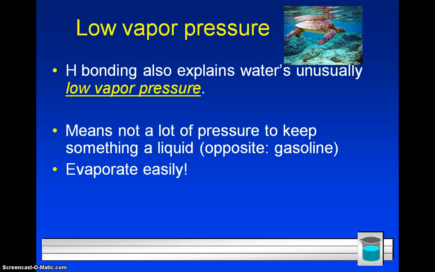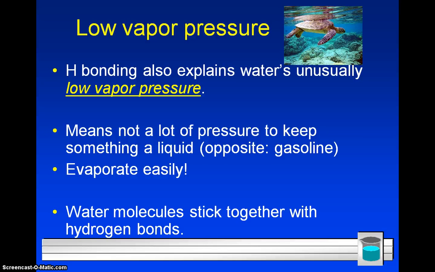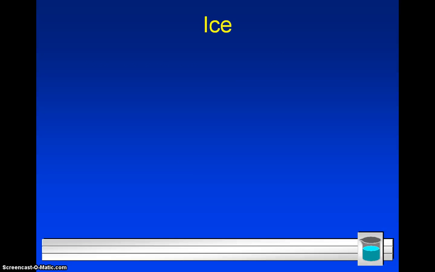You need to have a lot of pressure above gasoline to keep it in its liquid form rather than its gas form. So having low vapor pressure water is really what maintains our atmosphere. The reason you don't need a lot of pressure to keep water molecules in their liquid state is because of the attractiveness of the molecules.